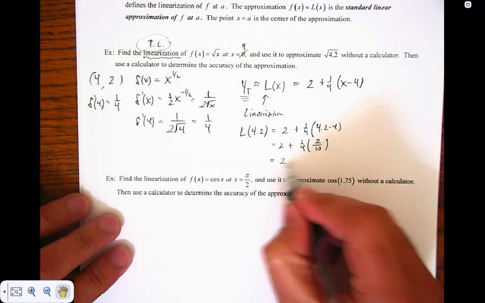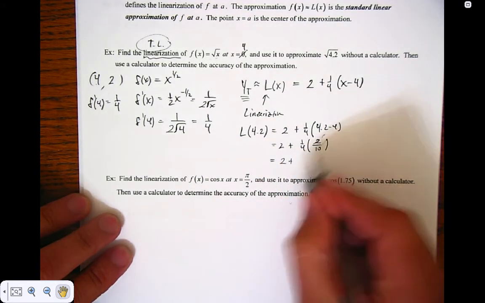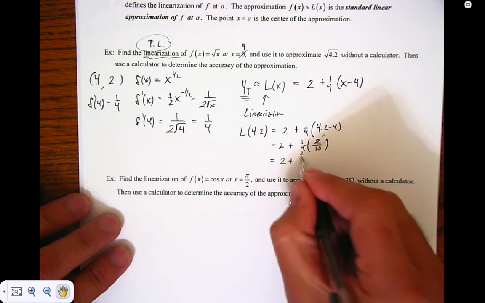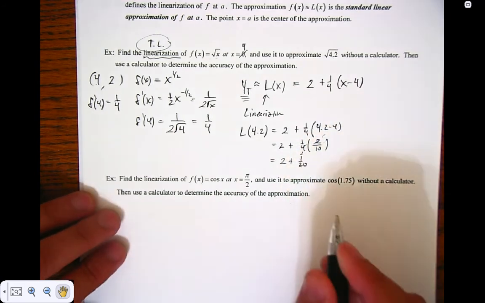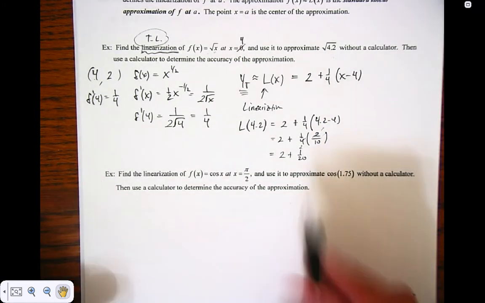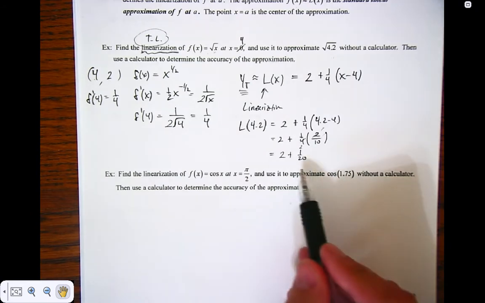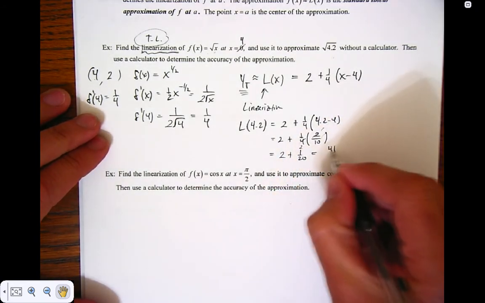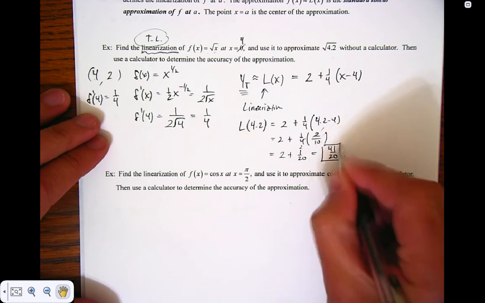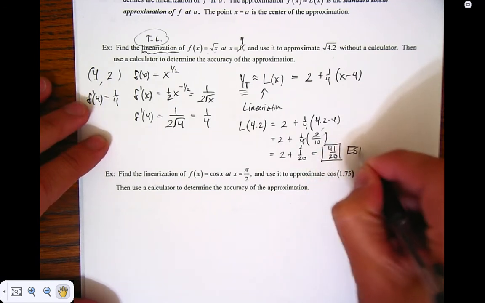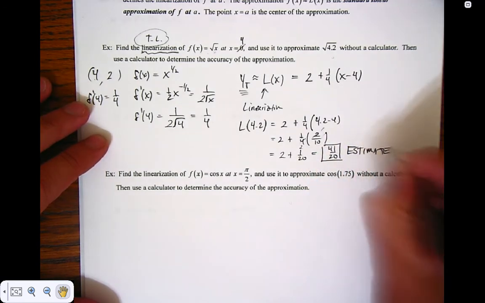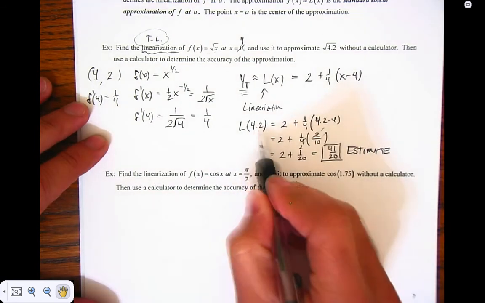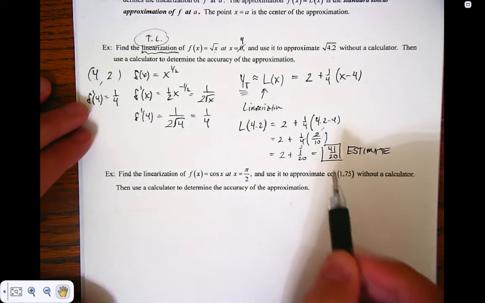Then that's 2 plus, well, that reduces, and you get 1/20. So 2 plus 1/20. As an answer, maybe you get a common denominator, and you say that's 41/20. That is our estimate. L of 4.2 is equal to this value.